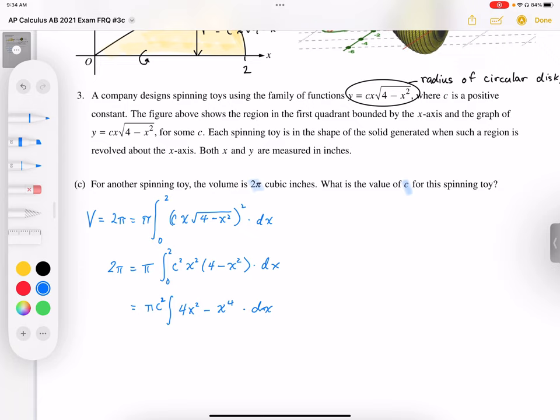Okay, and then I'm going to find the antiderivative and use that to work out the area. So this works out to be 4x cubed over 3 minus x to the 5 over 5, and the bounds of that is from 0 to 2.